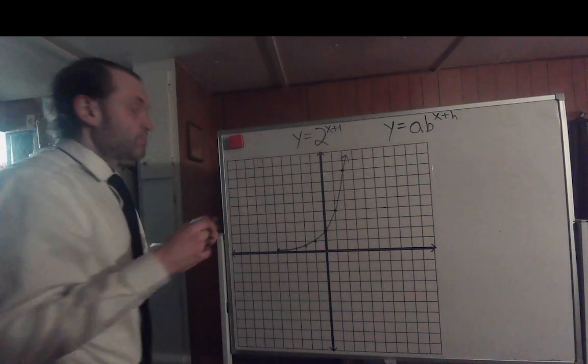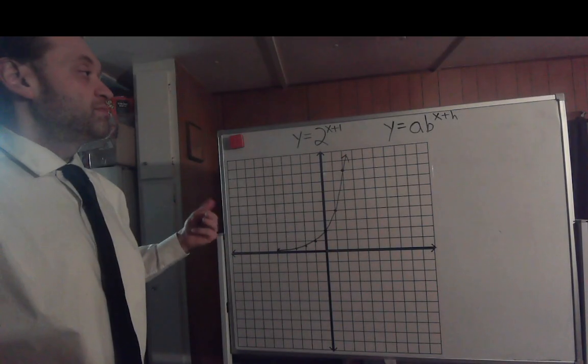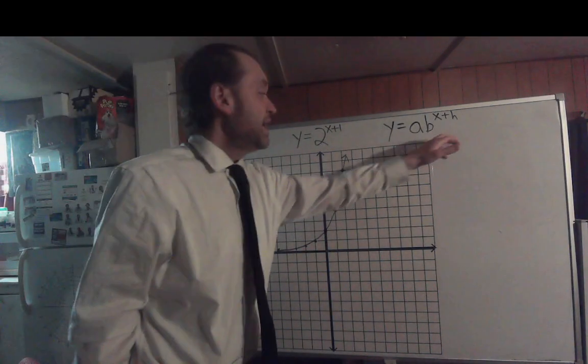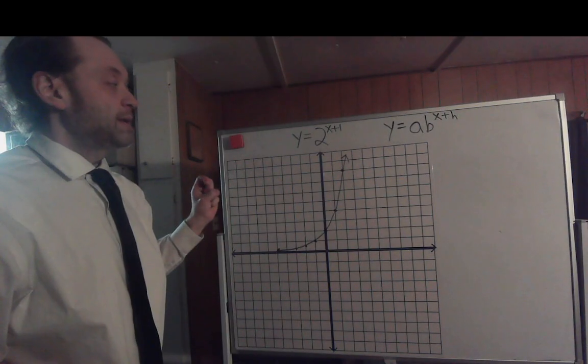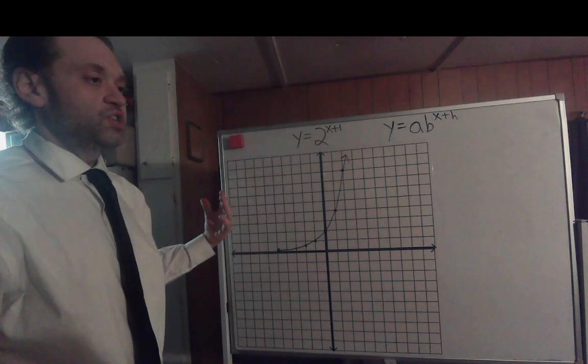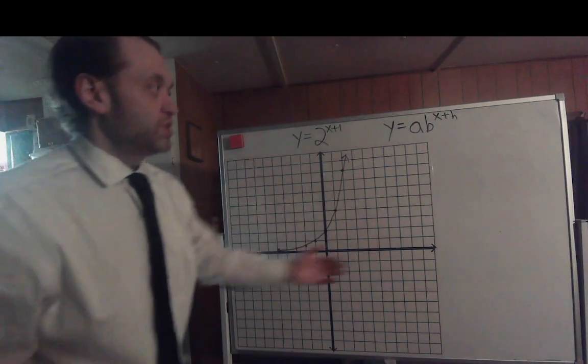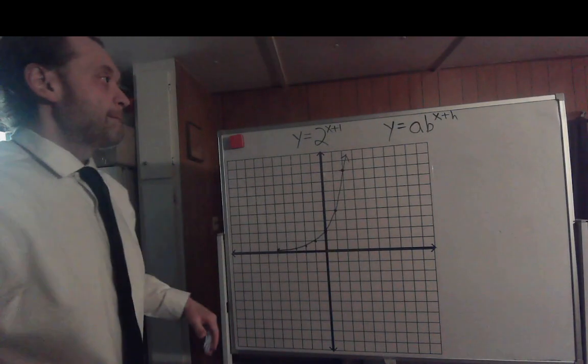So we have this a times b to the x plus h. That's how we're building the general form. So you have another factor of h. That's simply how many units, like in a polynomial function or square root function, how many units left or right you're shifting your x values.